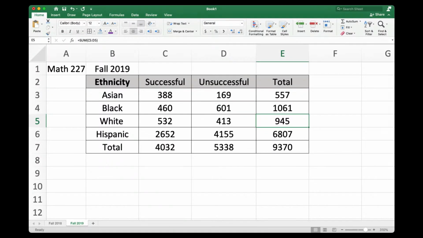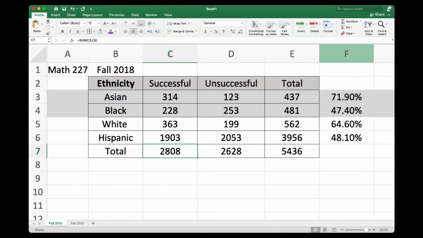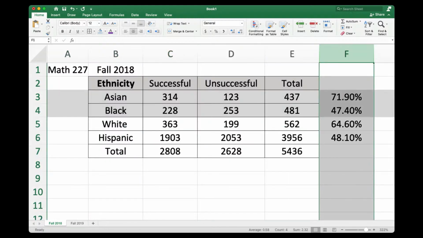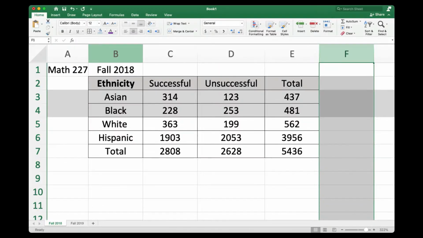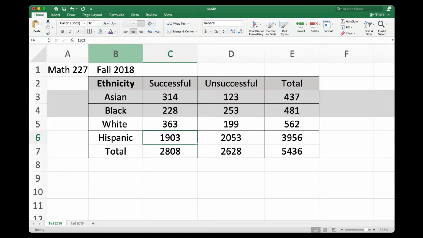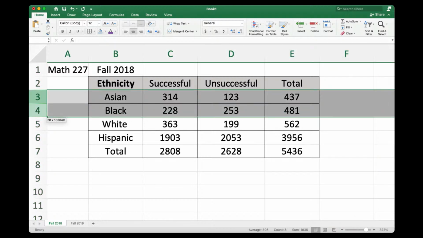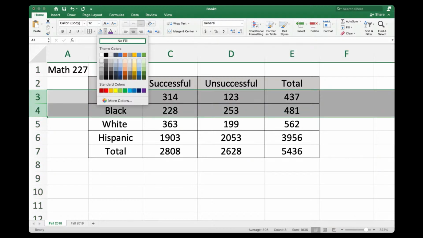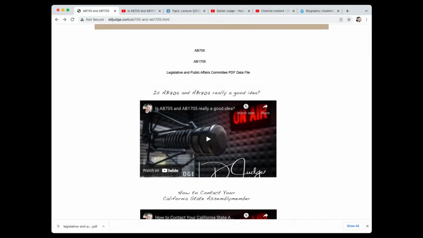And I'm going to go straight to fall 2018, 2019. And I'm going to clear the contents, because that was from this morning. All right. I'm sorry. And I don't want any colors here. And here's what I've done from that worksheet I was describing to you guys that I put in the comment section.